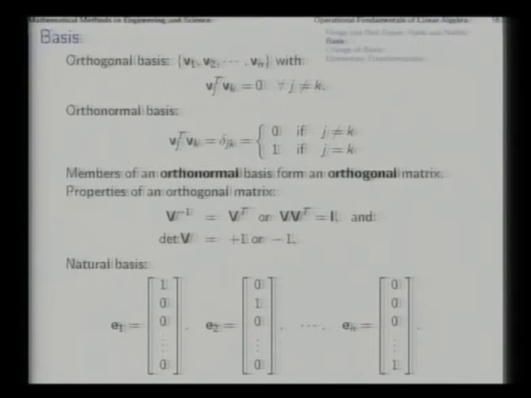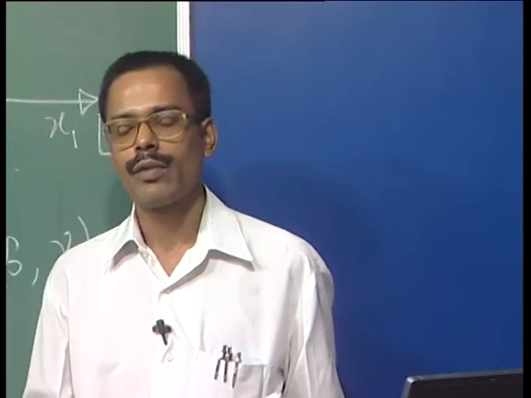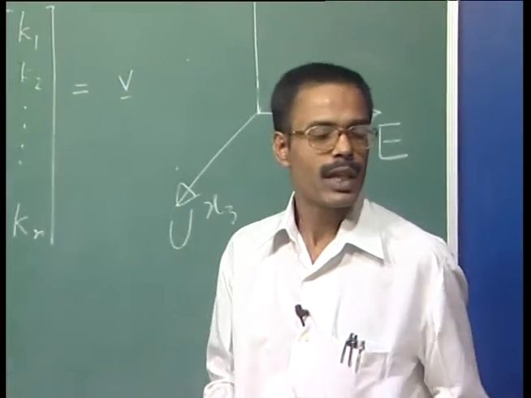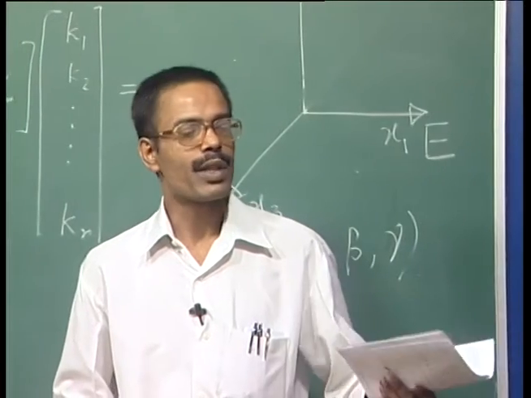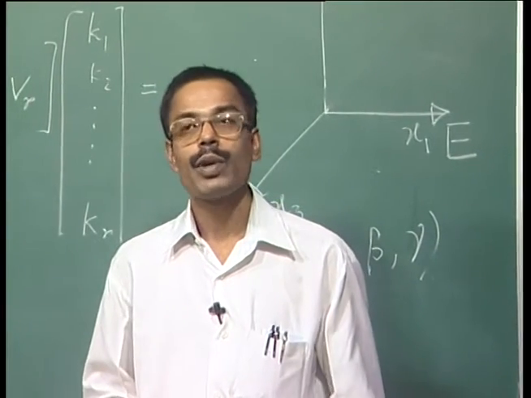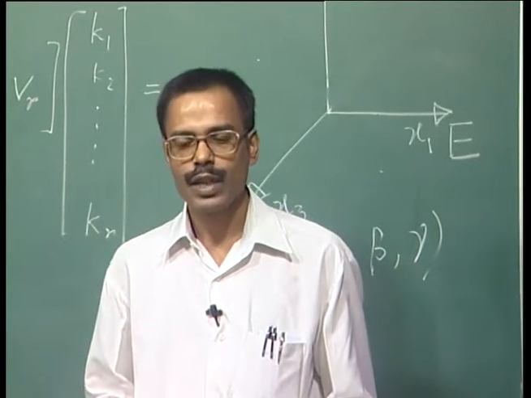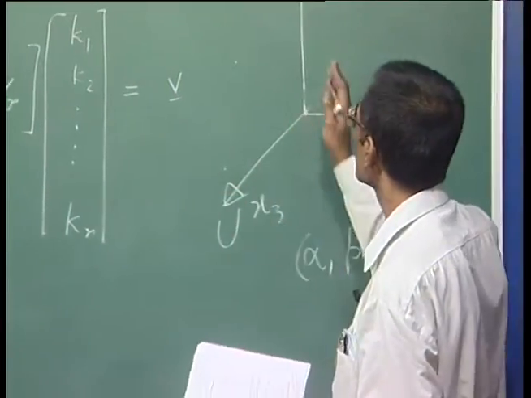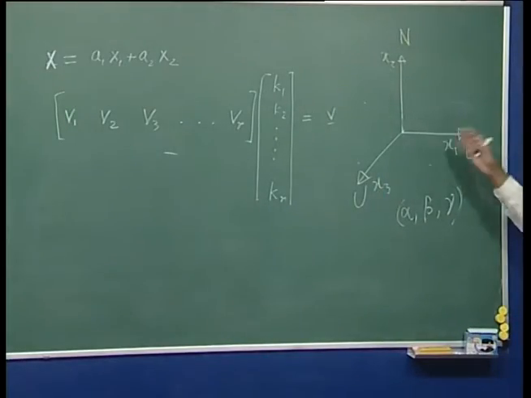Now, after describing the vectors of a vector space for quite some time in the natural basis, or say some other basis, we may want to change the basis. Suppose we do not want these directions and these lengths.